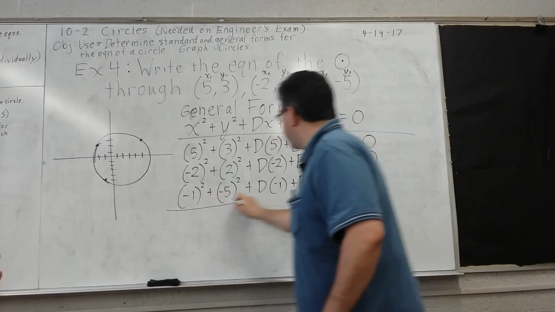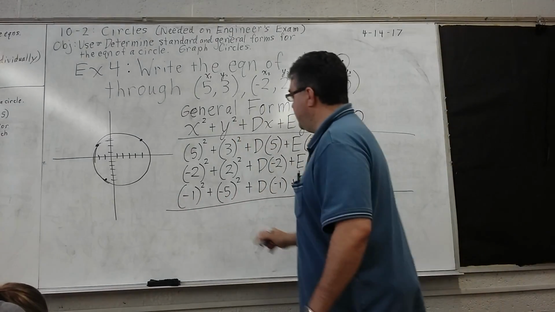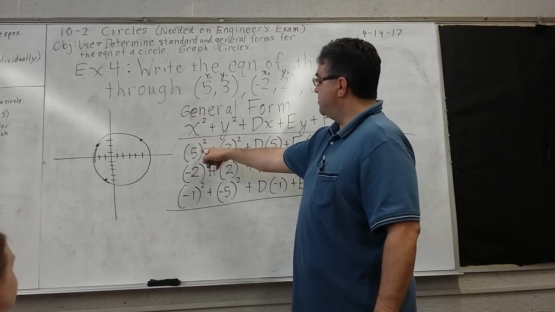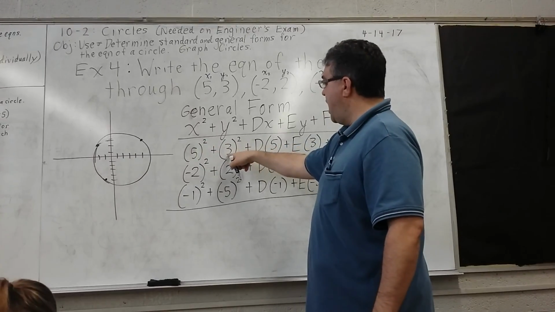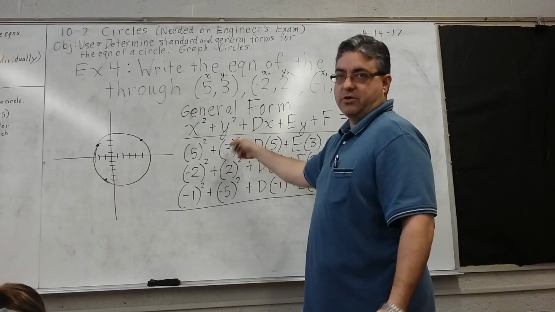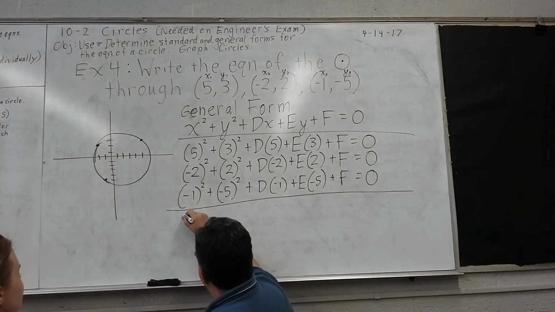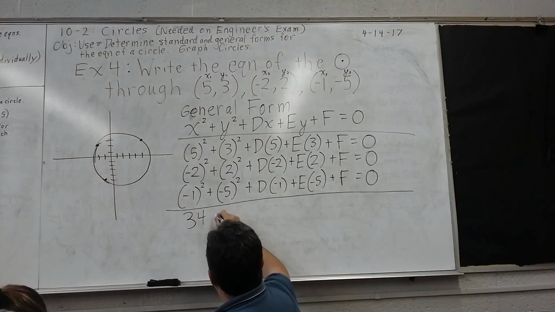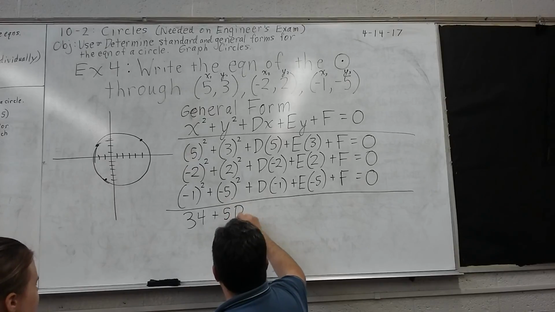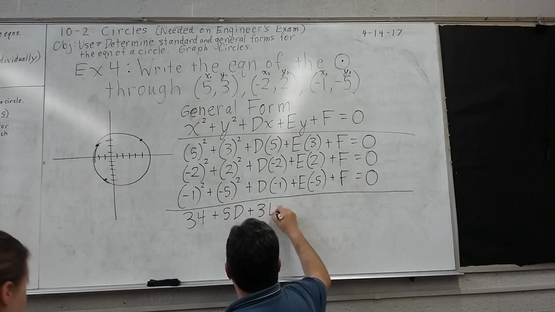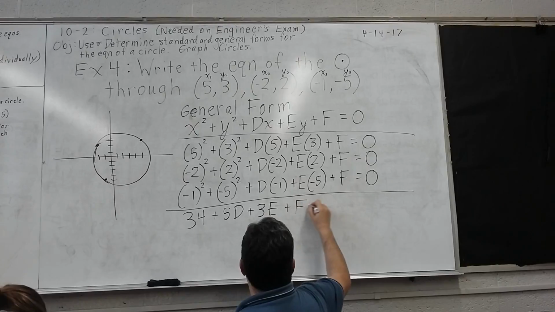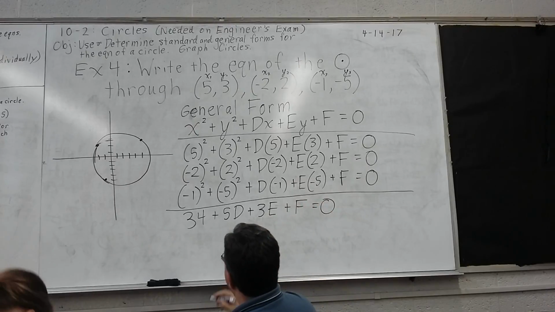So that's our next step here. 25 plus 9 is 34. So we've got 34 plus 5D plus 3E plus F equals 0.